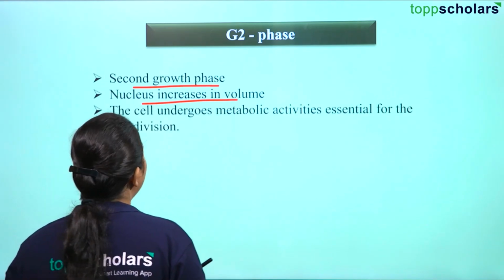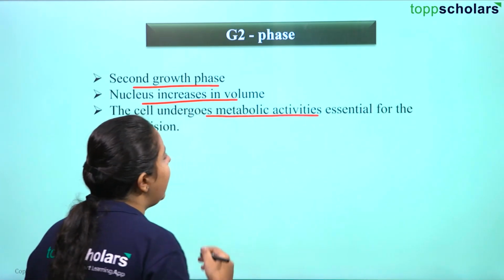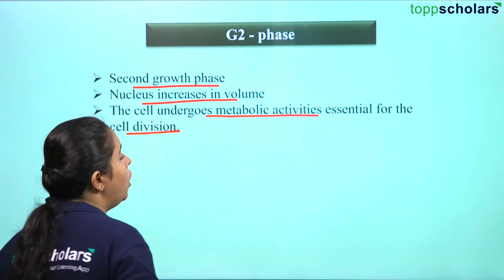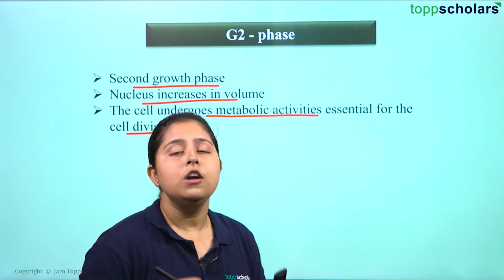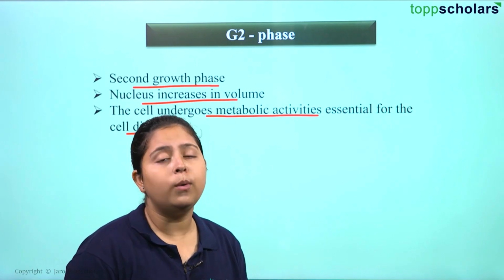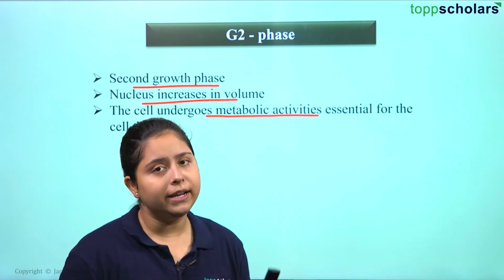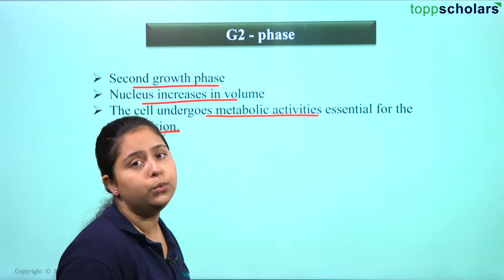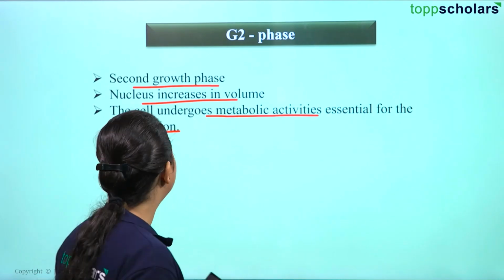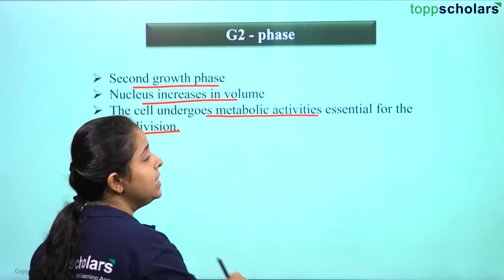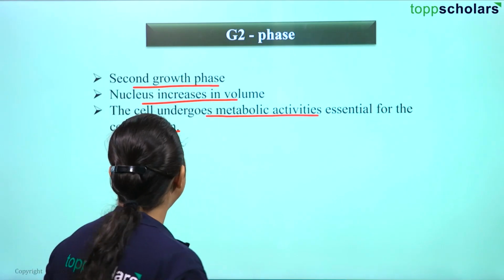Then over here the cell undergoes metabolic activities which are essential for cell division. For cell division, the cell will require a lot of energy and a lot of proteins. All those things will be done in the G2 or gap 2 phase. This is the second growth phase or the second gap phase, right?